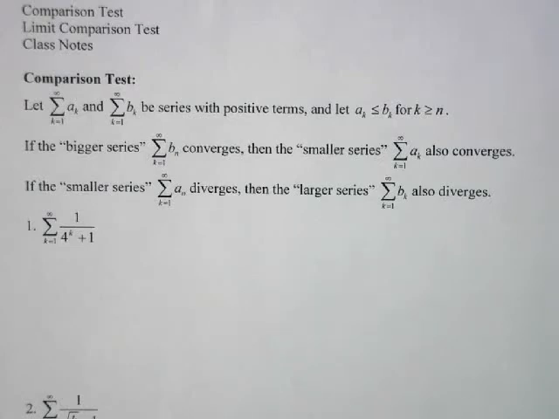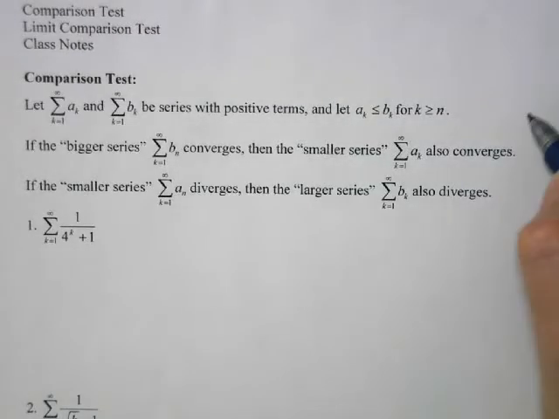Today we're going to be talking about the comparison test, which we've already discussed, and the limit comparison test. The direct comparison test is when you have a small series and a big series.